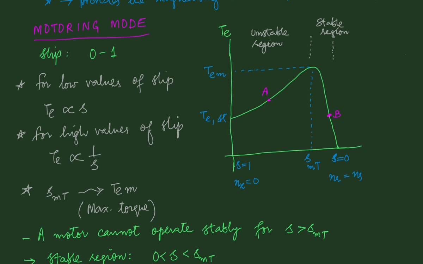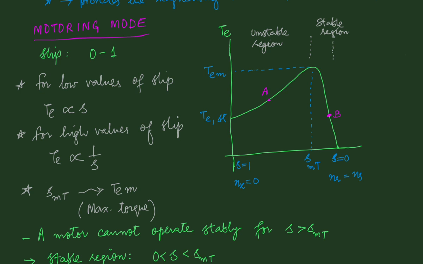Now, since the torque varies directly with the slip for low values of slip, and it varies inversely with slip for high values of slip, there must be a maximum value of the torque at a particular value of slip, and this value of slip has been denoted by S_mT. It is the slip corresponding to the maximum torque, T_em.